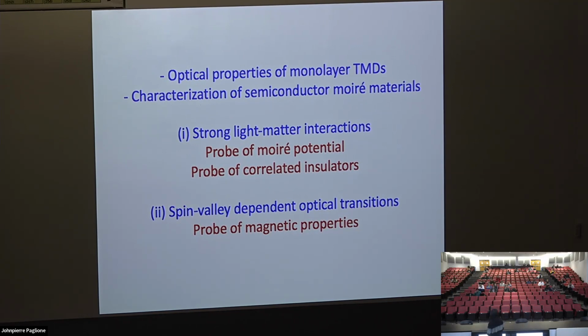Pretty much, once you determine the angle by second harmonic and you bring them in, very, very high yield. But now you want to put the gates on. I showed the device structure, and typically it involves at least something like 10 transfers. And then you have to have good electrical contacts, and that yield is a little bit lower.